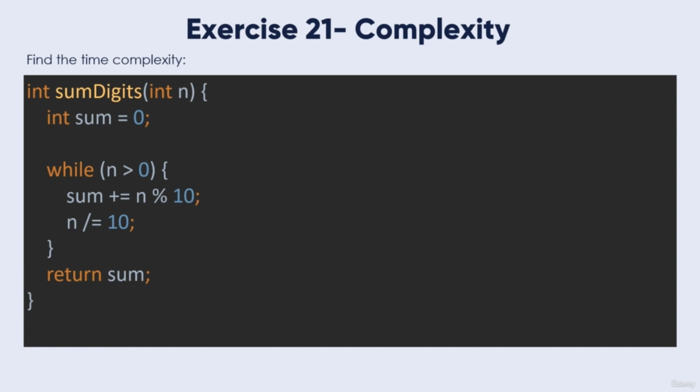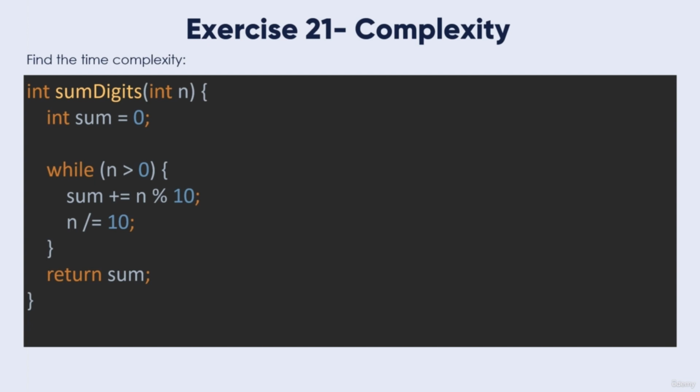So log 100 is 2 because we have 2 digits after the 1, because 100 divided by 10 is 10. So it is 2 digits after the division.